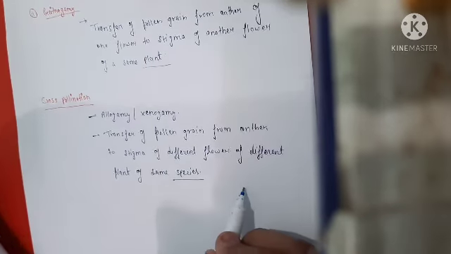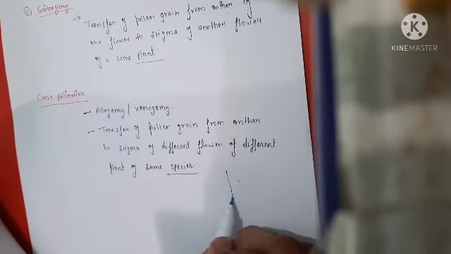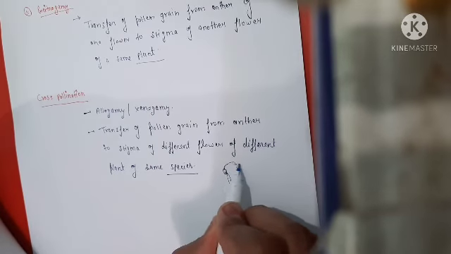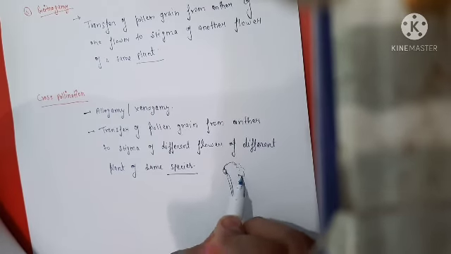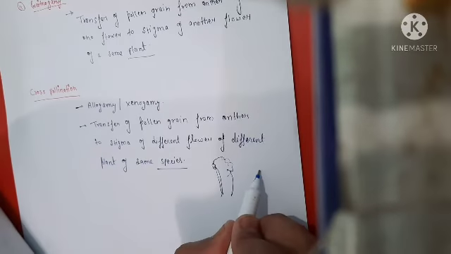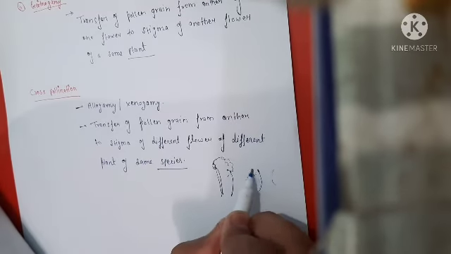Means, for example, suppose here it is a plant, and here also it is a plant.